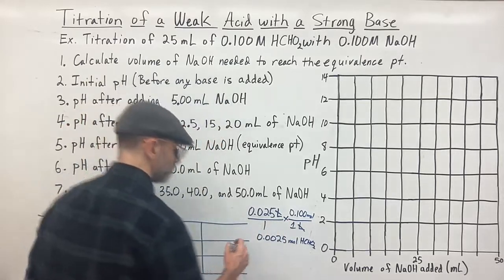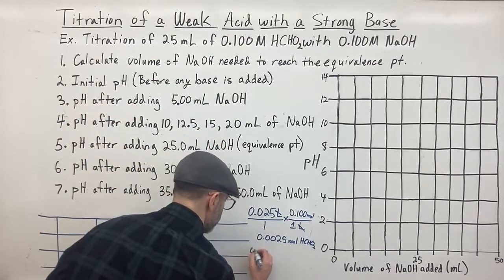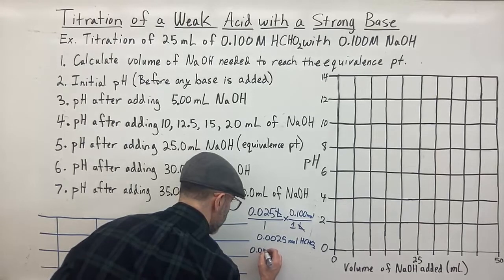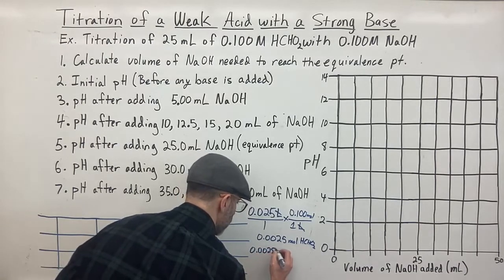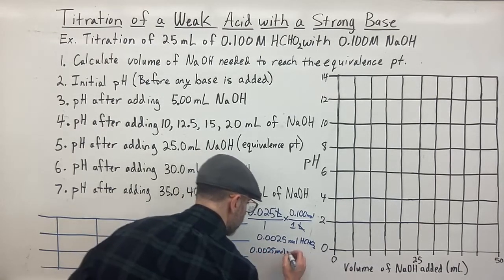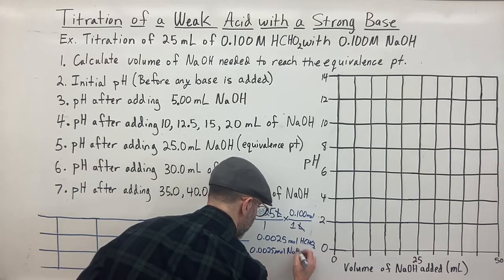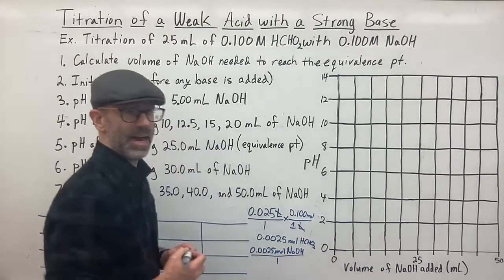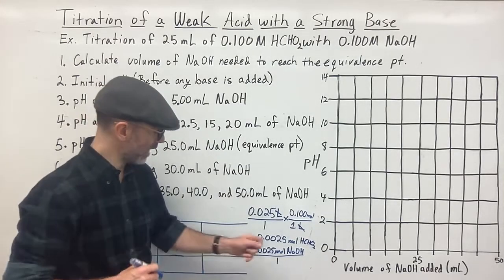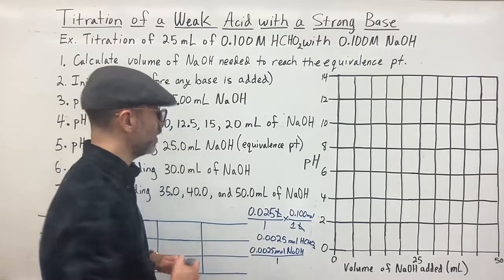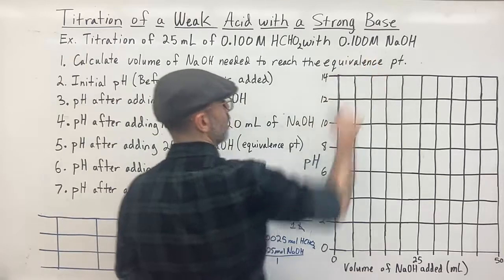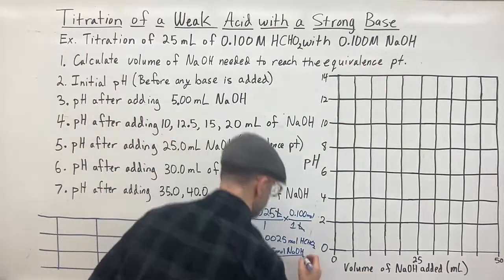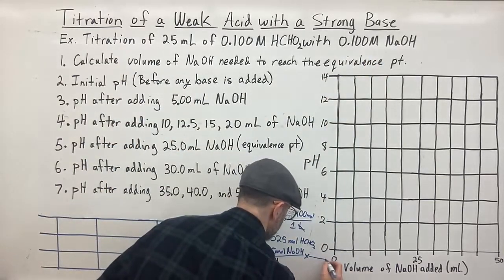So here, we just take the same number, 0.0025 moles, and this time it's going to be NaOH. Since this is the number of moles we have to add to neutralize the same number of moles of hydrogen, we're going to use our molarity as a conversion factor. So then we multiply this.